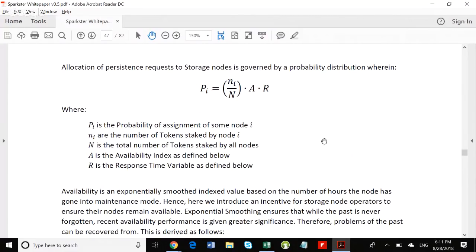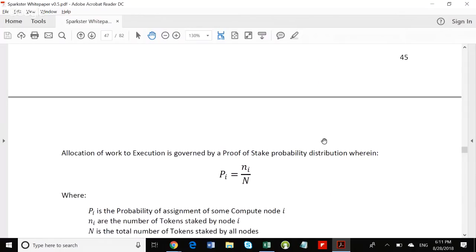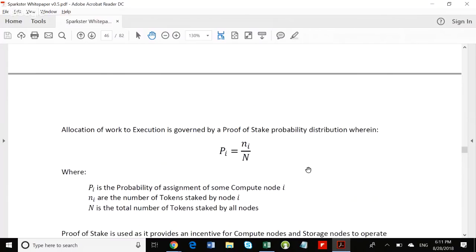You can have any number of tokens, right? It can be as little as 1 token. That 1 token means that at some point in time, you're likely to get a transaction to execute because it's a probability function. Now, your probability with a small number of tokens is less, and with a higher number of tokens is more, but it doesn't mean that the person with the highest number of tokens gets all the transactions, right?